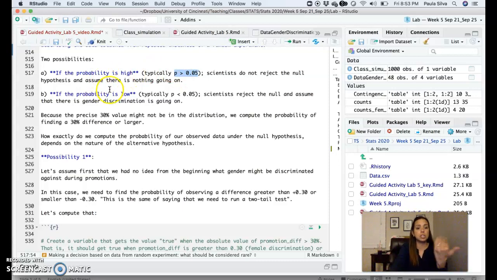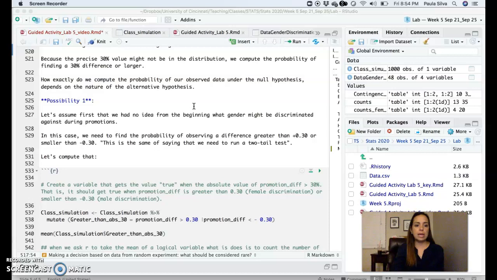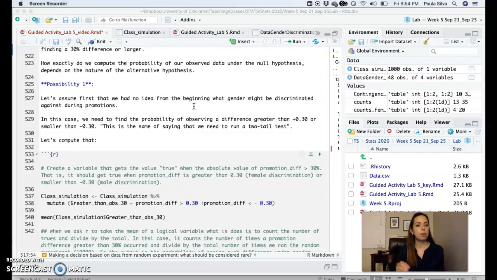If the probability is low, typically less than 0.05, scientists reject the null and assume that there is gender discrimination going on, all right? Because the precise 30% value might not be in the distribution, we compute the probability of finding a 30% difference or larger. Now you can ask, how exactly do we compute the probability of our observed data under the null hypothesis? And that will depend on the nature of the alternative hypothesis.